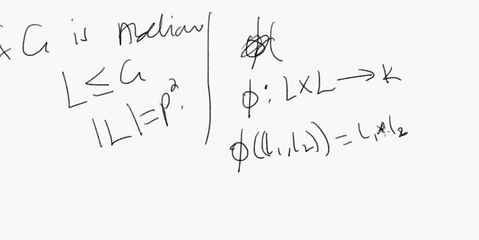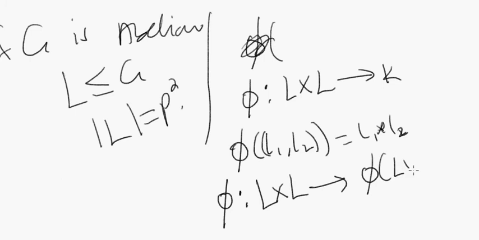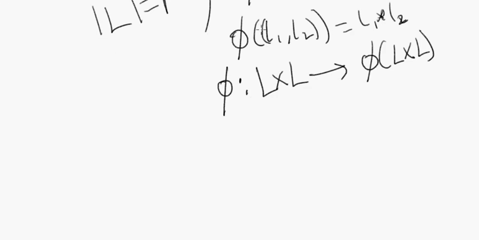Okay. And if phi is a homomorphism, then we know that the map from L cross L to phi of L cross L, under this property that it takes the elements and just multiplies them with each other, is a homomorphism because phi is a homomorphism.